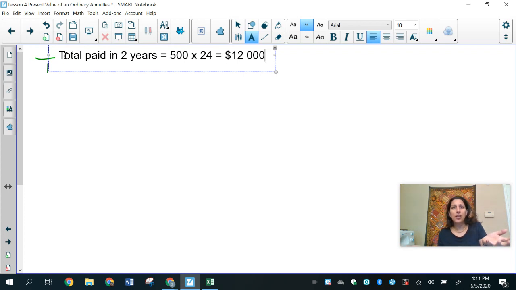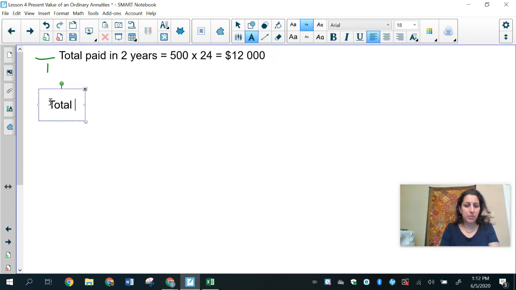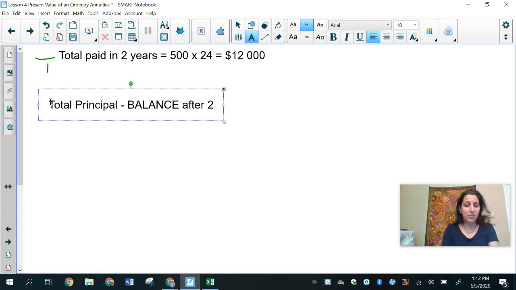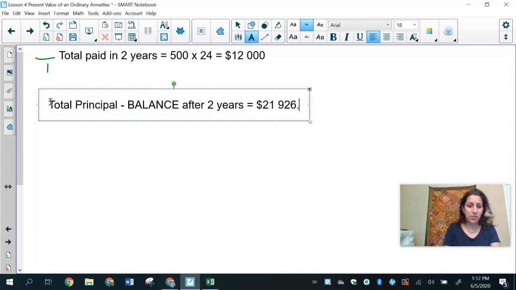How much did she pay towards the principal? If we take the total principal that we knew, and we subtract the balance that we just calculated a minute ago, the balance after 2 years. The total principal, if I remember correctly, was $21,926.47.